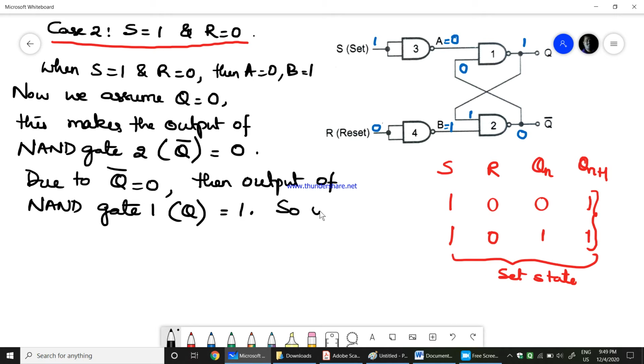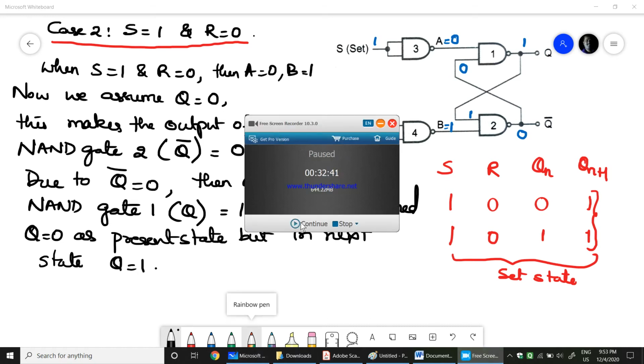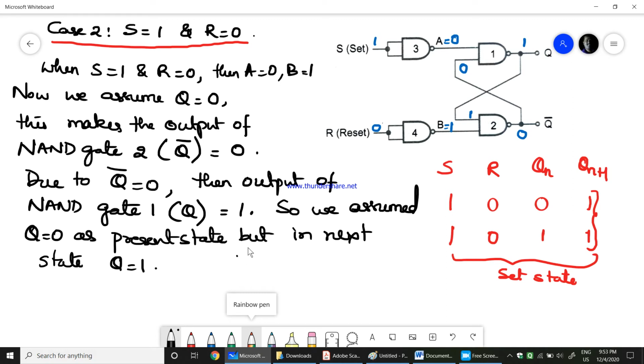So we assumed Q equals 0 as present state, but in next state Q became 1. So here if you see, we assumed Q equals 0 as present state, but in next state we again achieved Q equal to 1.